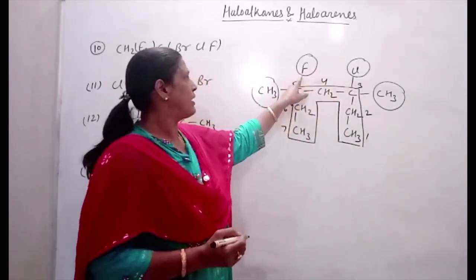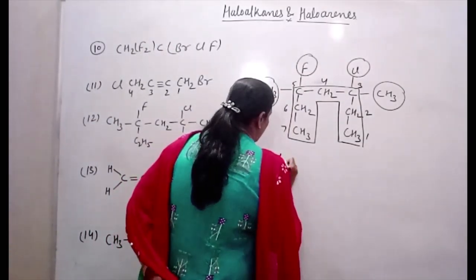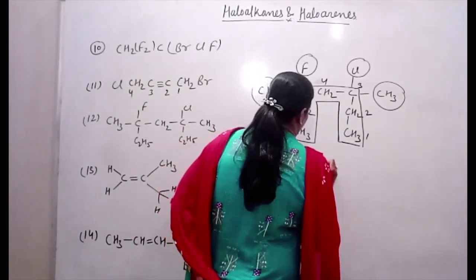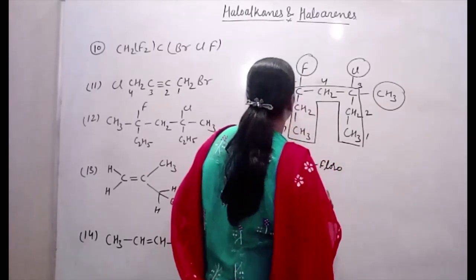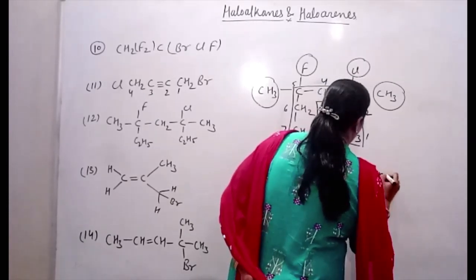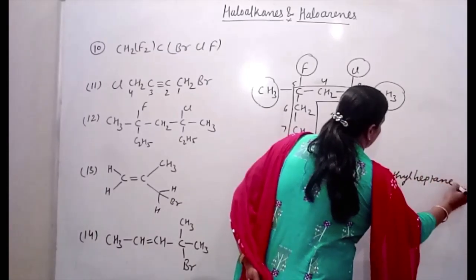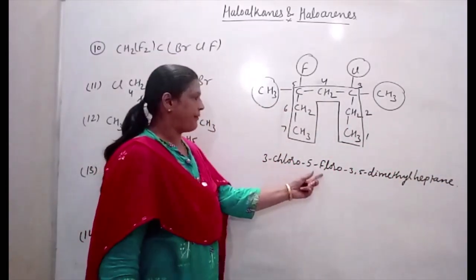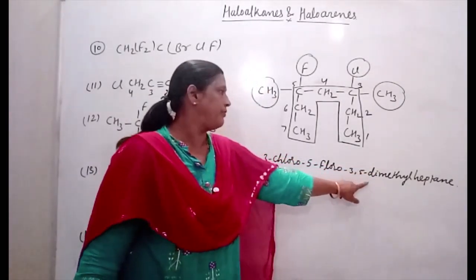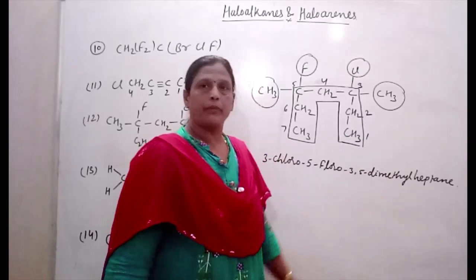Chloro comes first, fluoro, then methyl. The name of the compound is 3-chloro, 3-fluoro, 5-fluoro, 3,5-dimethyl, heptane. Here fluoro comes first, then methyl. Di will not count in the alphabetical order because we have used it as a suffix to show the number of methyl groups.